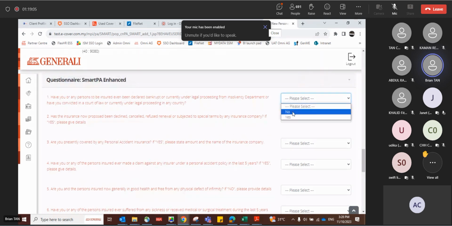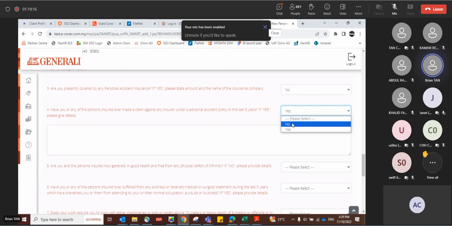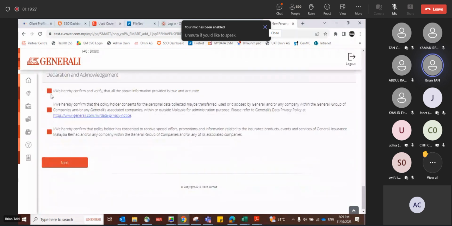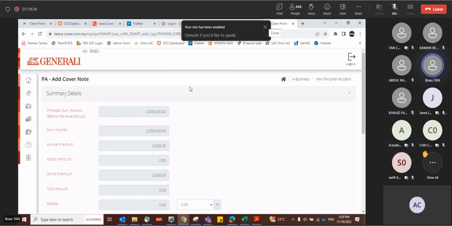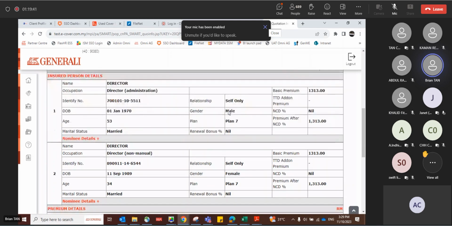You see for two directors, even though one is class one and one is class two, it's the same premium because class one and class two have the same premium charge.